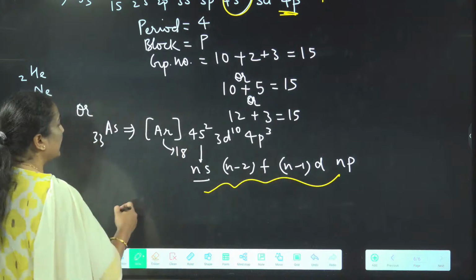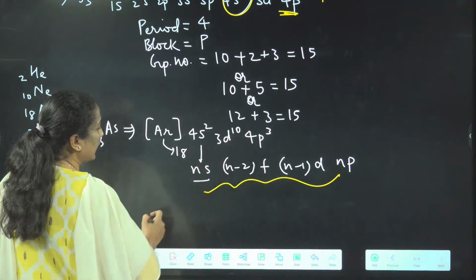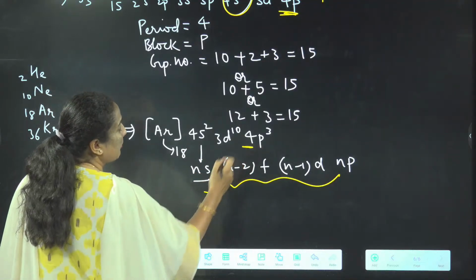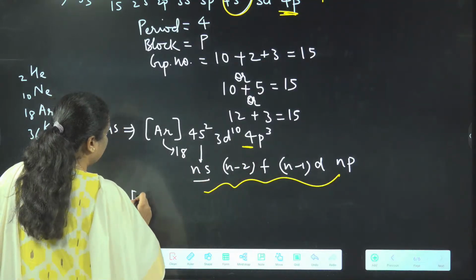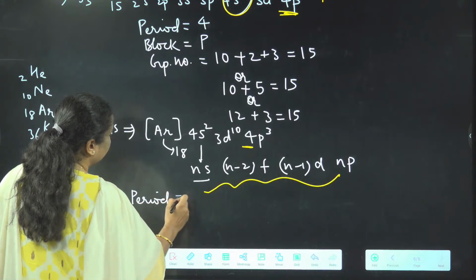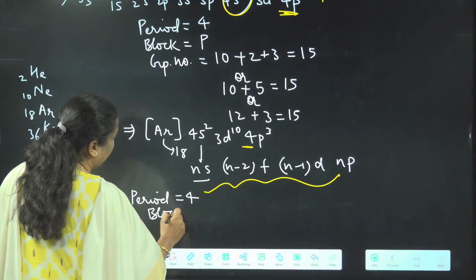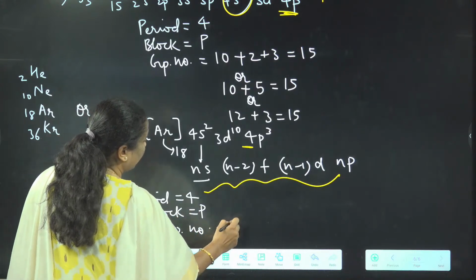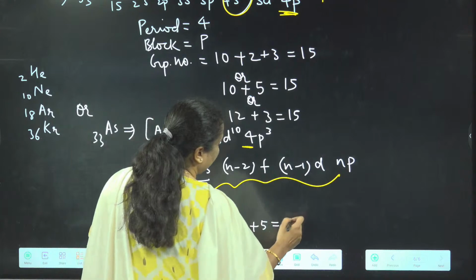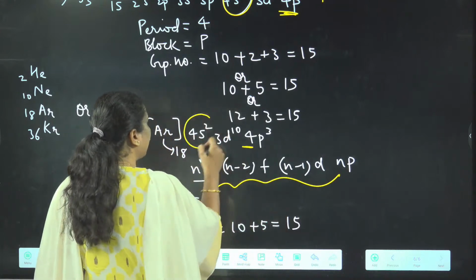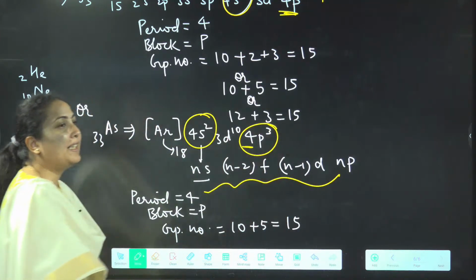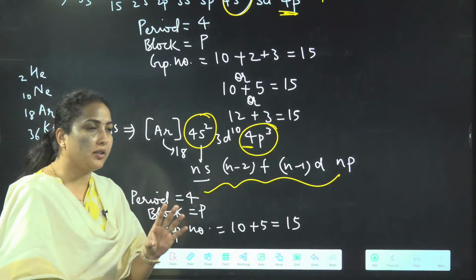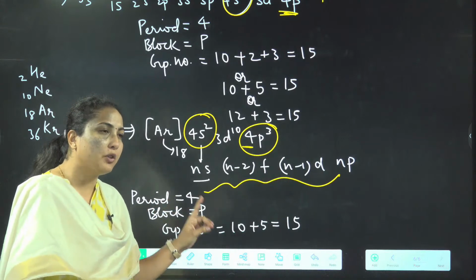Okay. Now from here what you are able to see, the last electron entered into p, and basically what is the principal quantum number of the valence shell? It is 4. So basically you got period as 4, block as p, and group number will be equal to 10 plus number of valence electrons, which is 5, which is 15. So valence electron means this. N equal to 4 is the valence shell. So all the electrons which are there in the fourth shell, they will be part of the number of electrons in valence shell.